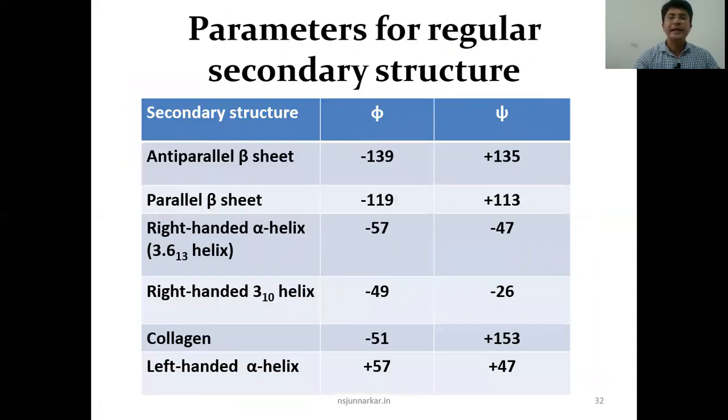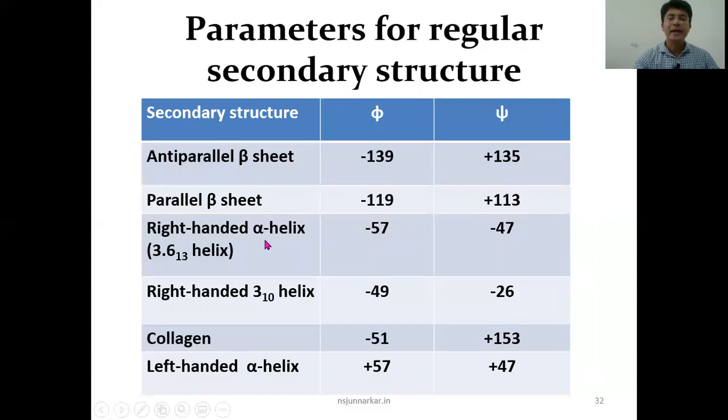Here is the table indicating the phi and psi values for each secondary structure. So antiparallel beta sheets will have the phi value minus 139 degrees and psi value plus 135 degrees. Parallel beta sheets will have minus 119 degrees and psi value as plus 113 degrees.